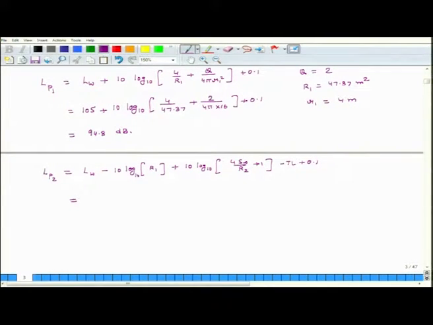So, LW is 105 minus 10 log 10 of R1, and my R1 is 47.37, plus 10 log 10 of 4 SW.